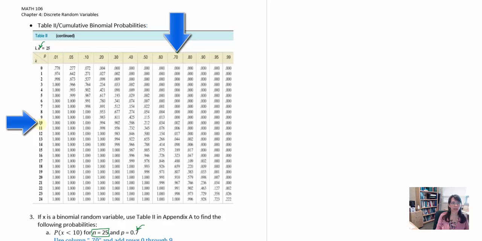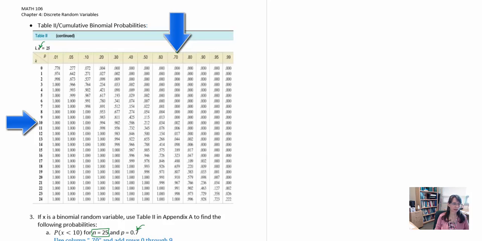Now that we have row 10 and the column with probability 0.7, we can go back and look at which probability we are going to calculate. That is the probability that x is less than 10. In order to be less than 10, those must be the values from 0 through 9, including 9. So it's not going to include 10. So we're going to use the column 0.7 and the rows 0 through 9.